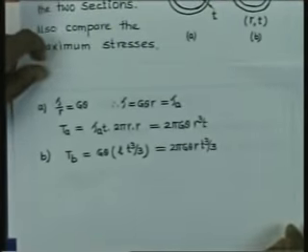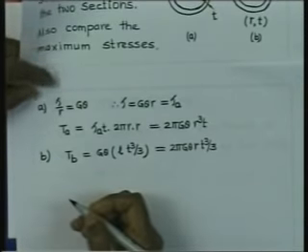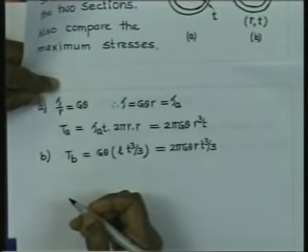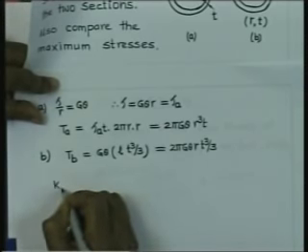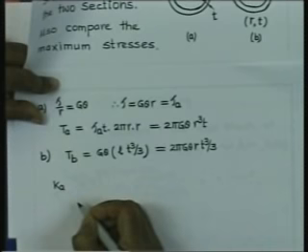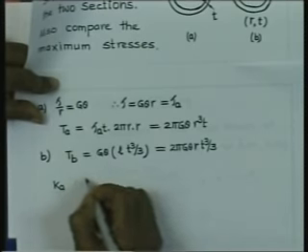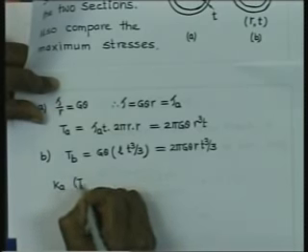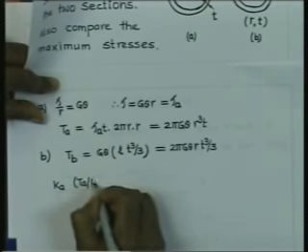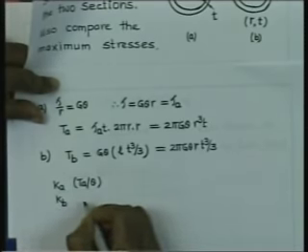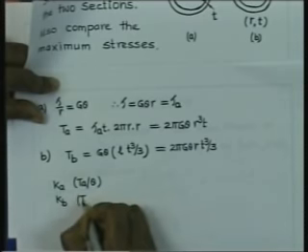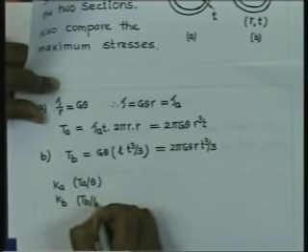What is stiffness? Stiffness is defined as torque per unit angle of twist. So, we can now write K A, the stiffness of the section A, is given by T A by theta. Similarly, K B is the stiffness in case 2, given by T B by theta.